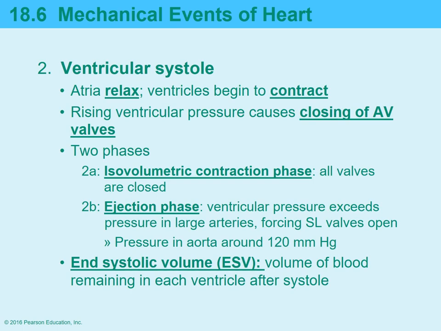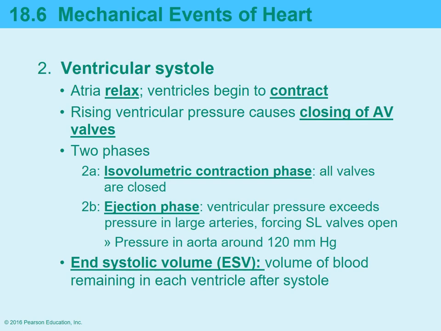As the ventricles start to contract, the pressure is going to increase in the ventricles, and that causes the AV valves to close. During the isovolumetric contraction phase, all valves are closed.